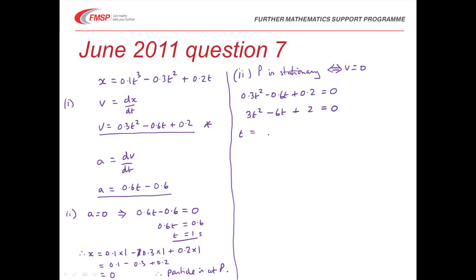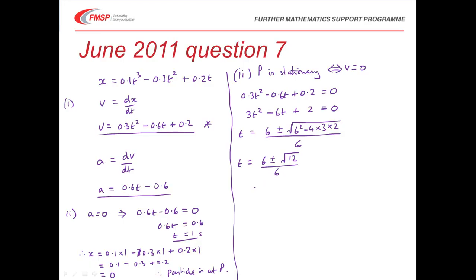t equals minus b, which is minus minus 6, that's 6, plus or minus the square root of 6 squared minus 4 times a, that's 3, times c, which is 2, all over 2a, which is 6. So t equals 6 plus or minus the square root of 36, take 24, that's 12, all over 6.